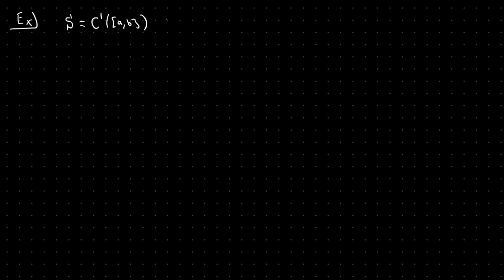And this set is the set of continuously differentiable functions on the interval from a to b. And this means that anything in this set C1 is both continuous and its derivative is continuous.